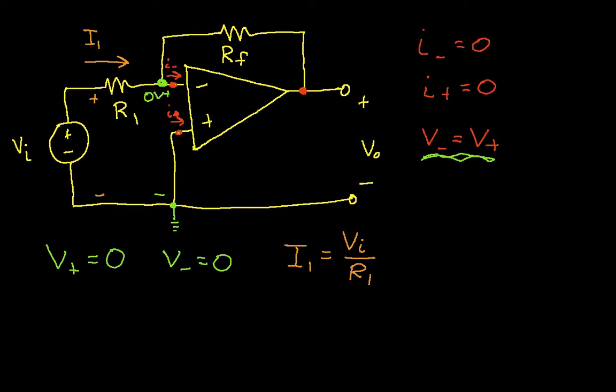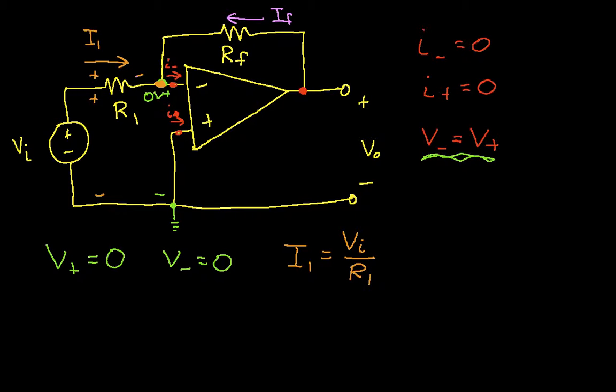And again, the reason for that is the voltage at this point is 0 volts, so the voltage across R1 is just the same as VI. So that gives us I1. Let's see if we can figure out IF.